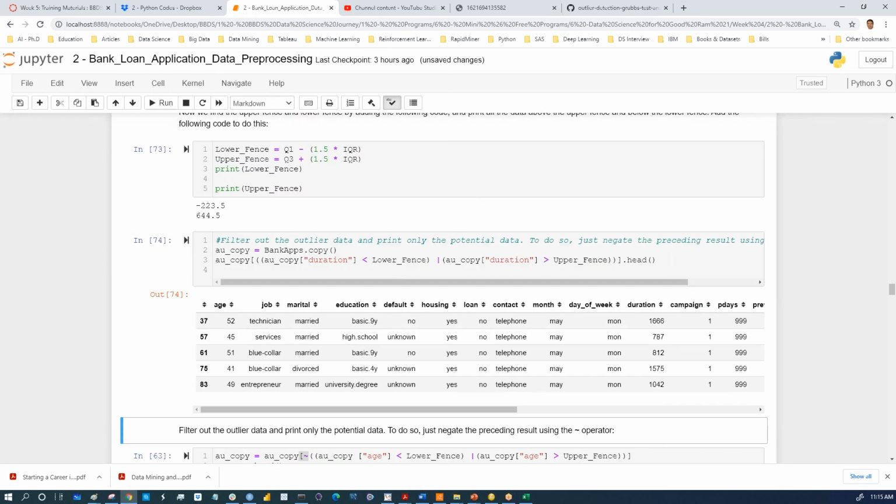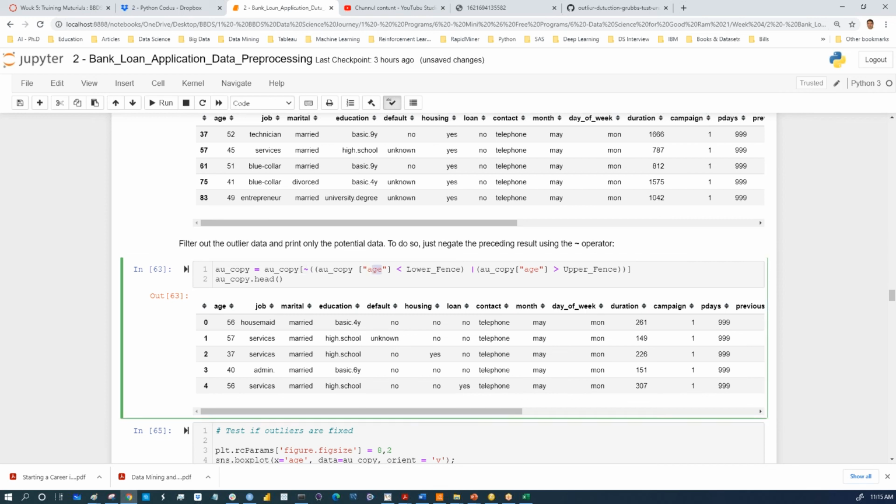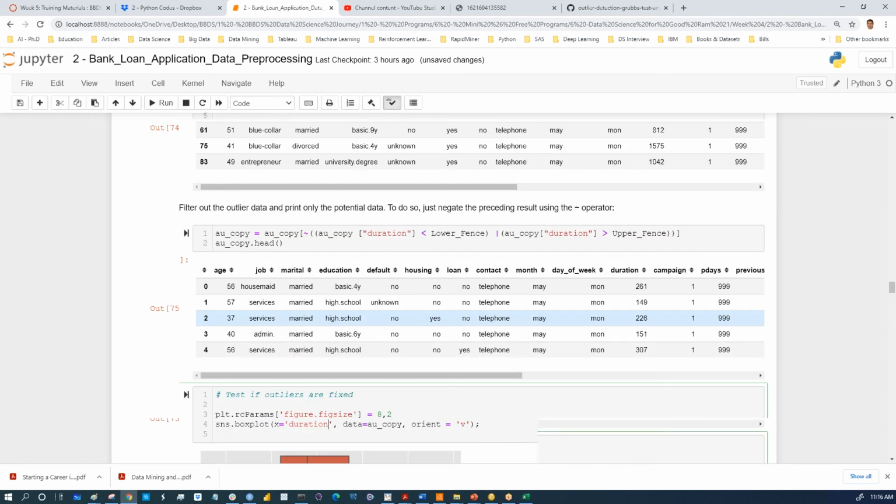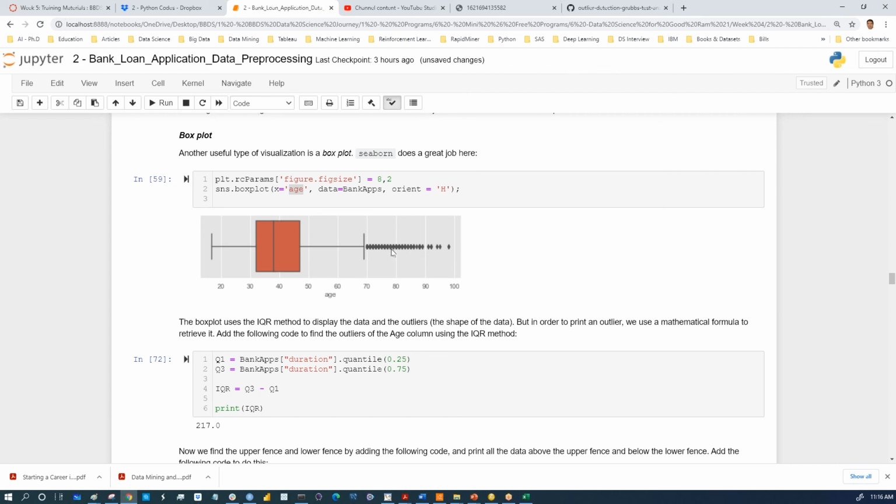Let's eliminate them. Now I'm making a copy of my data.